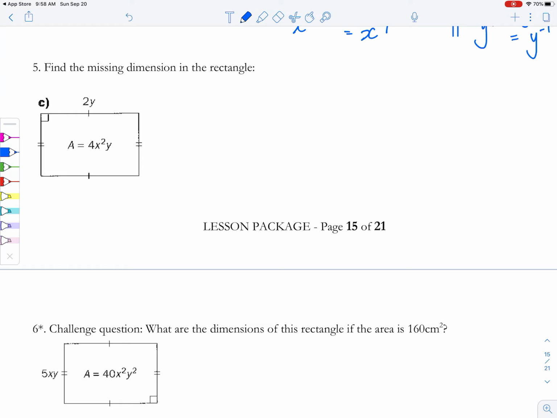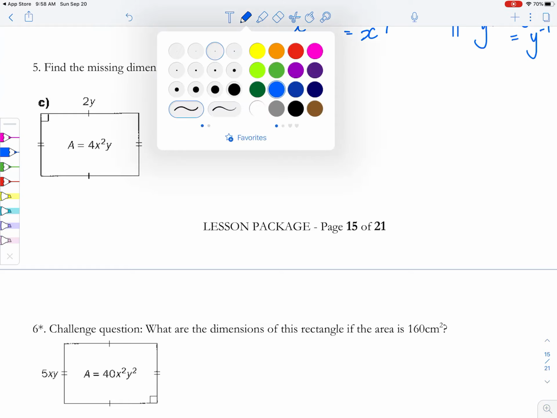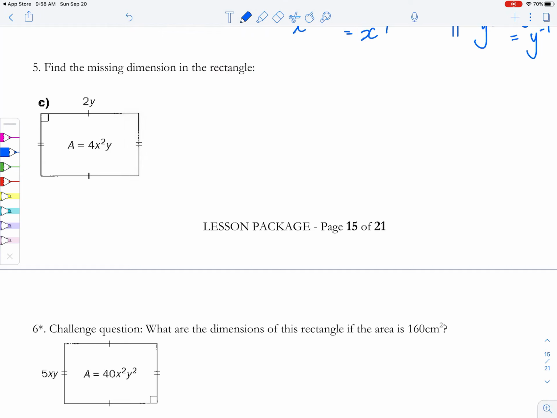Question 5 asked us to find the missing dimensions in the rectangle. So they've given us the area, and if this is the length and this is the width, we know that area equals length times width. So we know that 4x squared y equals, well, we have the length.